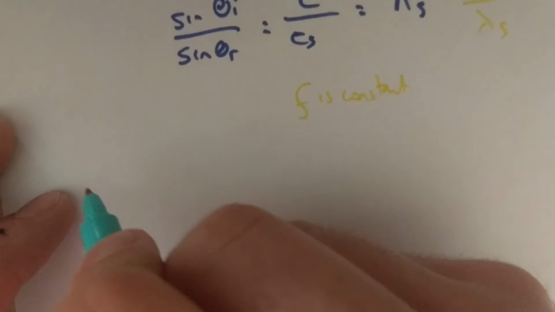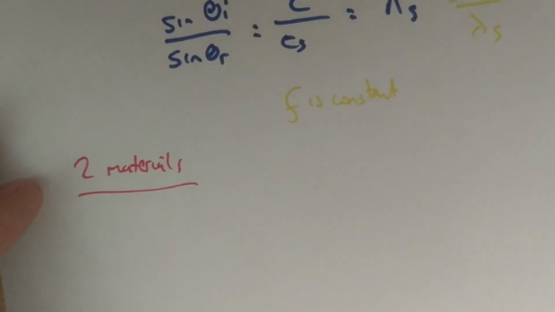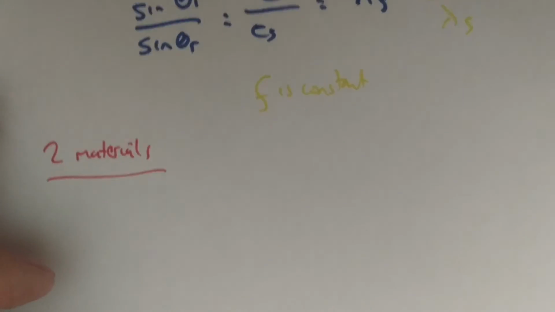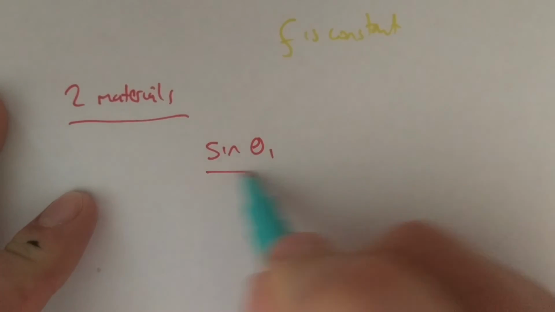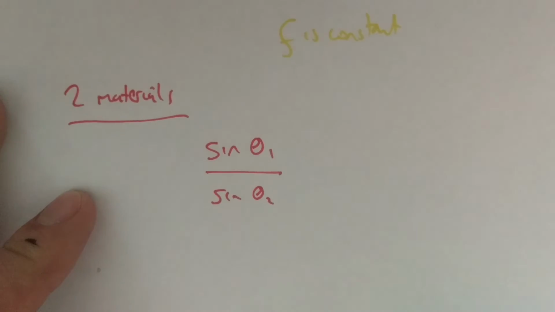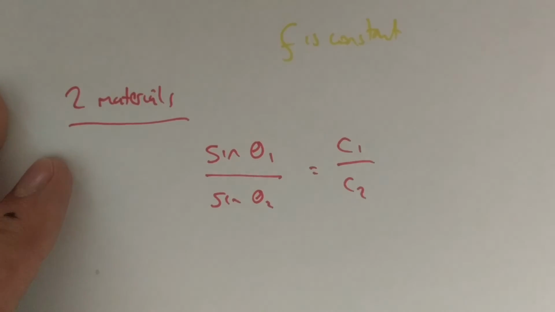If instead of air we have two materials, then we have a slightly different situation. So we can say sine theta 1 over sine theta 2 will equal the ratio of the speed of light in those two materials.